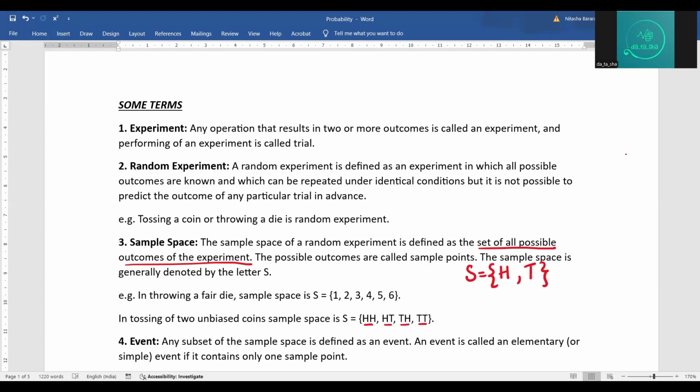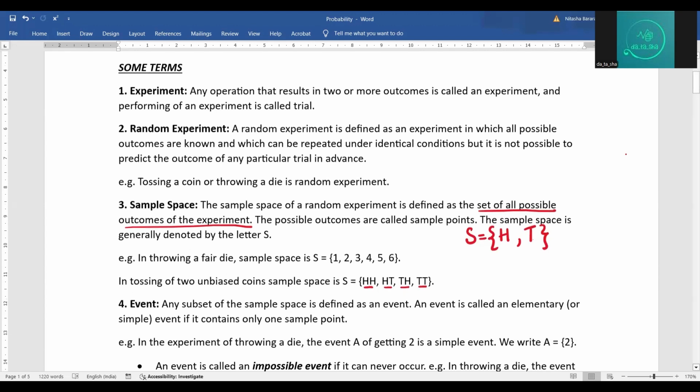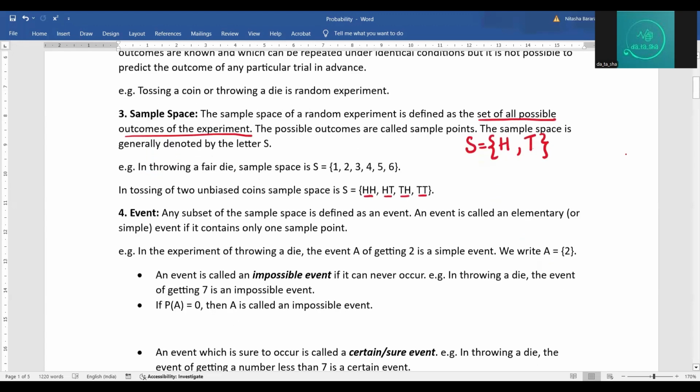Another way of finding out the total number of elements in your sample space: here the number of elements is 2, here the number of elements is 4, here the number of elements is 6. In a coin we have two possibilities, right? I'm only talking about the coin right now. So for n tosses, the number of outcomes would be 2 raised to the power n.